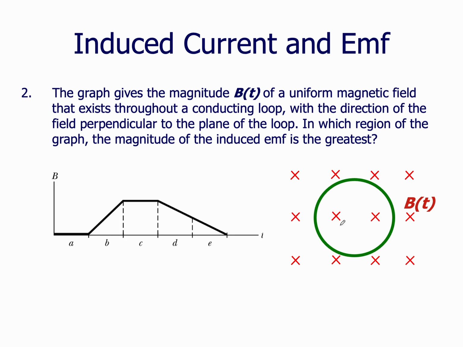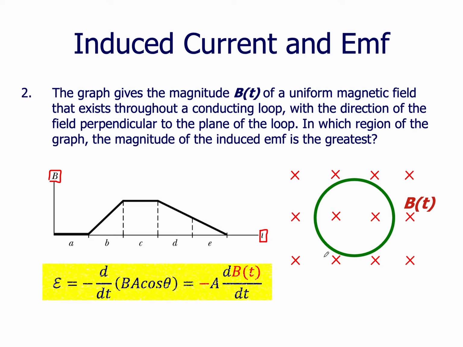Another quick example. Say in this case we're not moving the green loop, but we are varying the magnetic field with respect to time. So this is a graph of the magnetic field through this loop with respect to time, t. In which region is the magnitude of the induced EMF the greatest? Well, in this case, area is constant, so I can move that outside the integral.